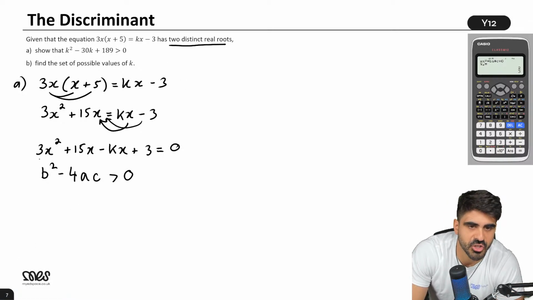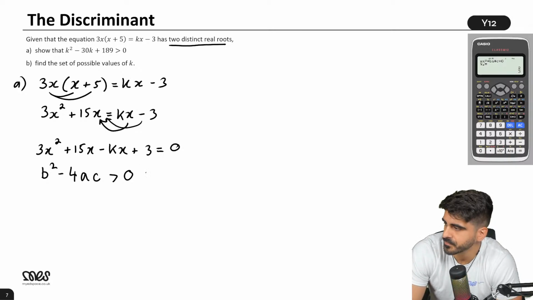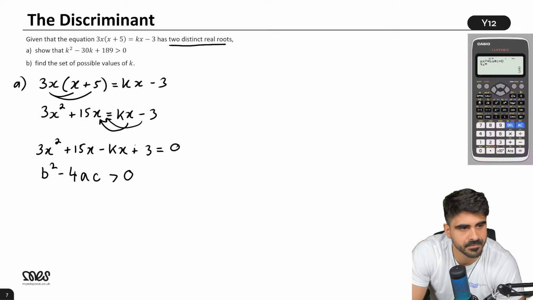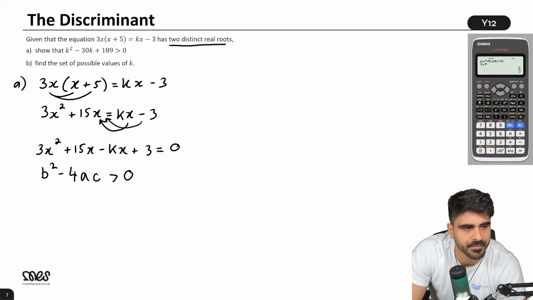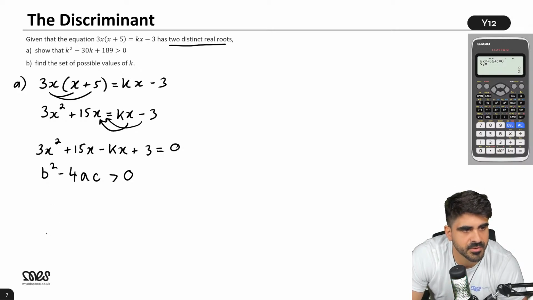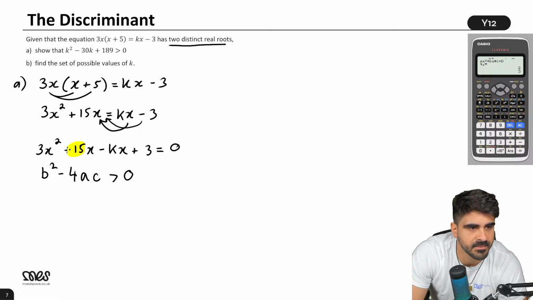Yes. Now, just observing this, guys, by reading it, what is the b term here? What is b? Just be careful, read it properly. Good. So guys, don't forget, there's 2 x terms here. There is the 15 and minus k.